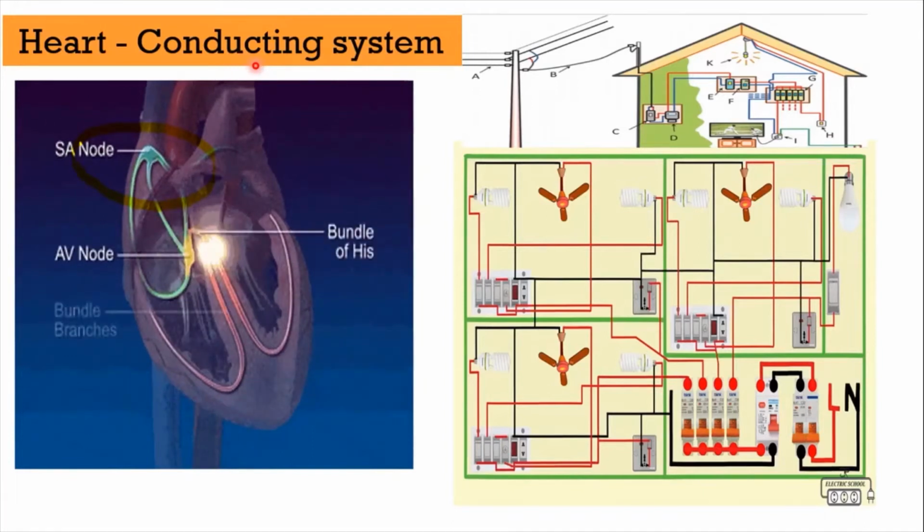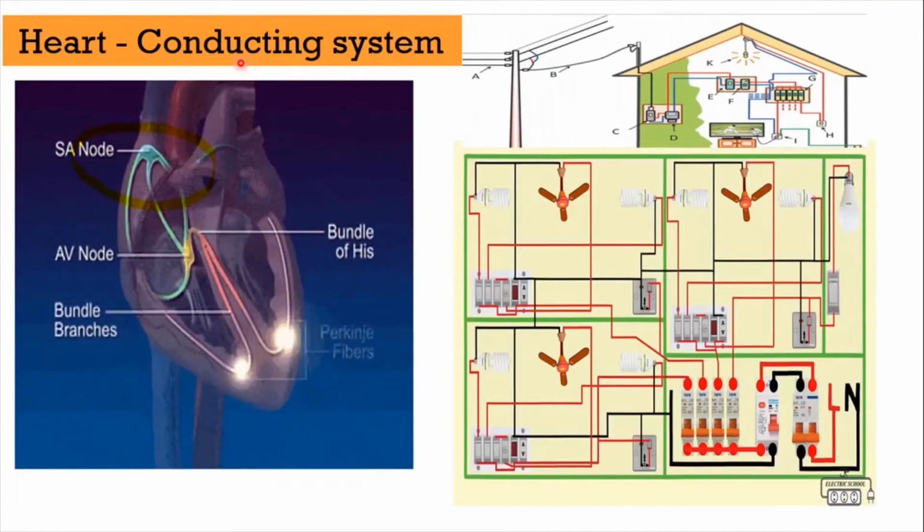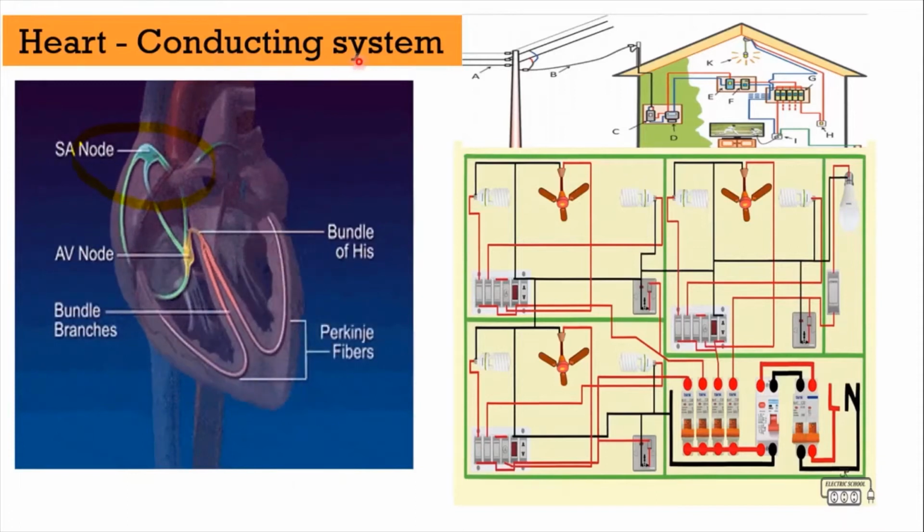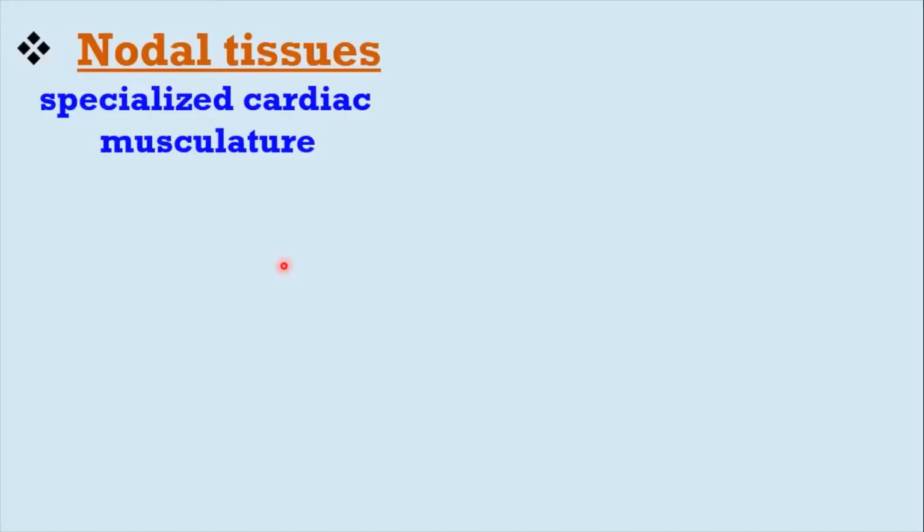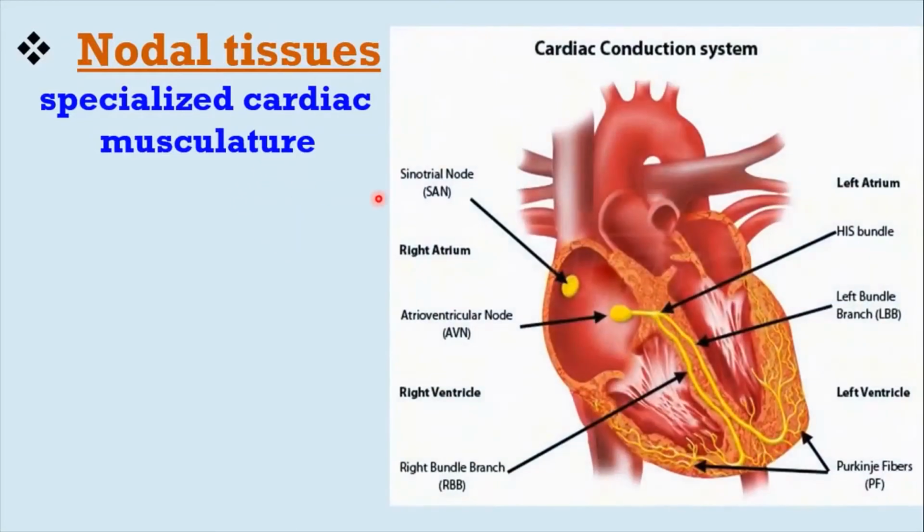That's why nodal tissues form the cardiac conducting system. So nodal tissue is nothing but specialized cardiac musculature present in the wall of the heart. This nodal tissue is associated with the generation of impulses and their extension of conduction on entire cardiac musculature to bring the contraction of the heart.